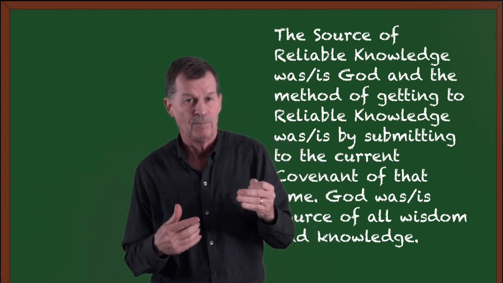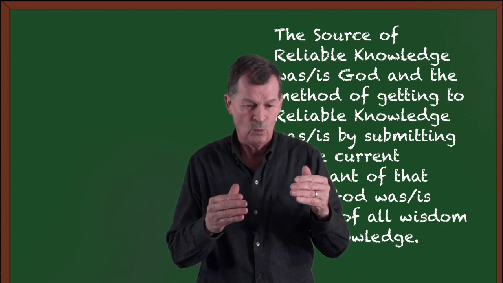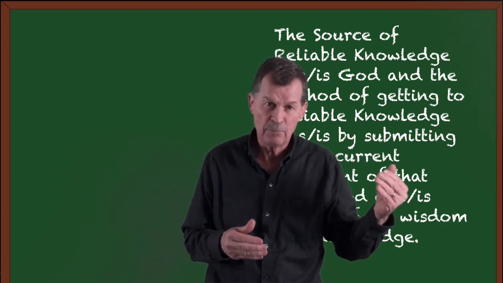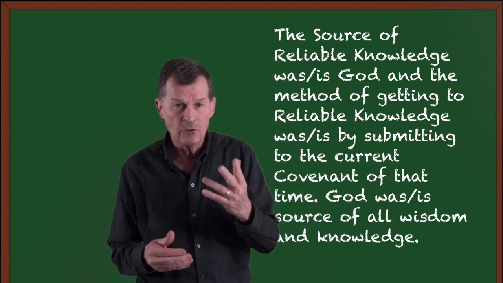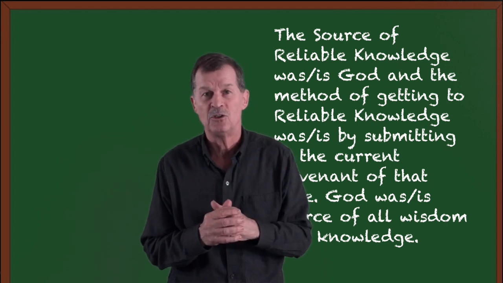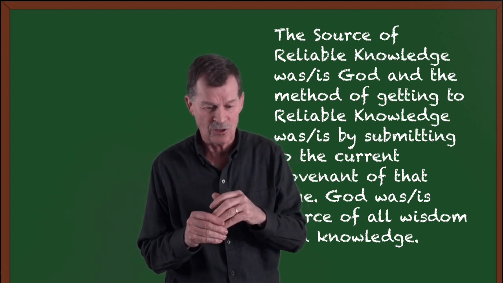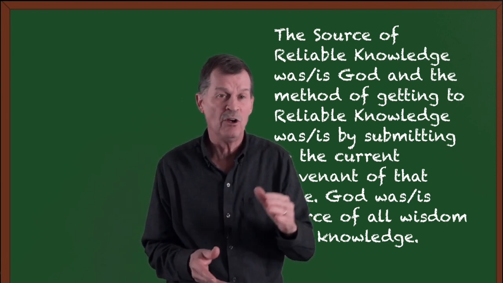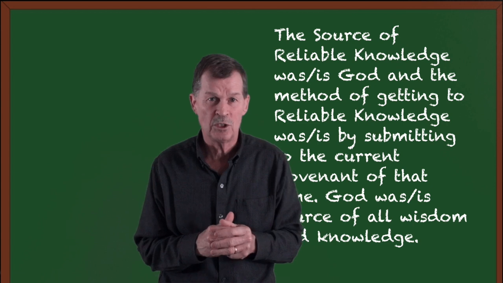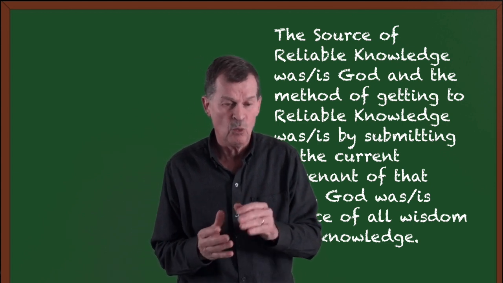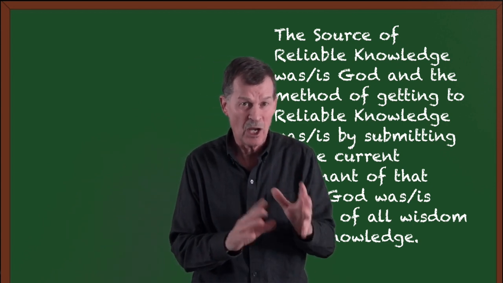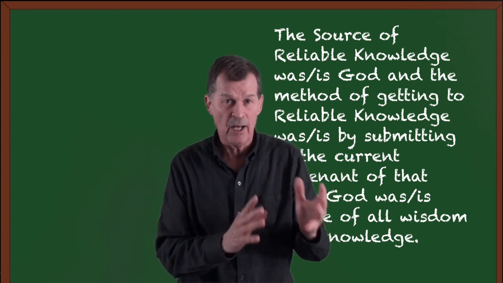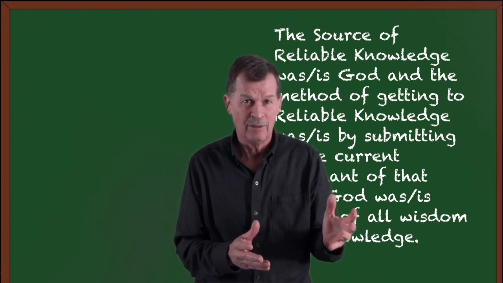Now again, as we reviewed in other chapters, there are two sources of wisdom and knowledge. There is a worldly knowledge and wisdom, and there is a godly wisdom and knowledge. So obviously, the wisdom and knowledge that James is talking about is divine, is from God.